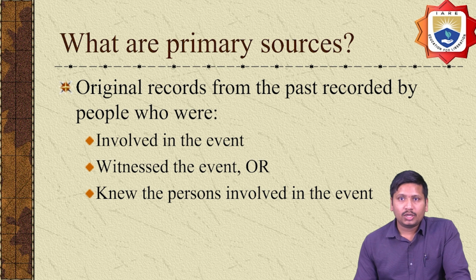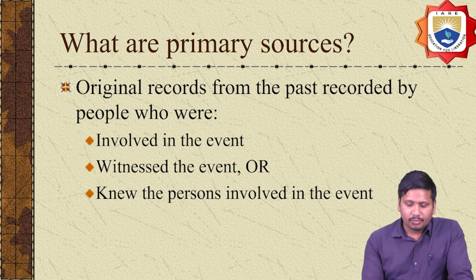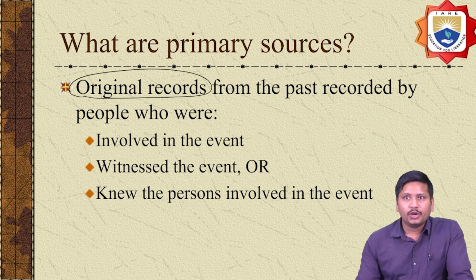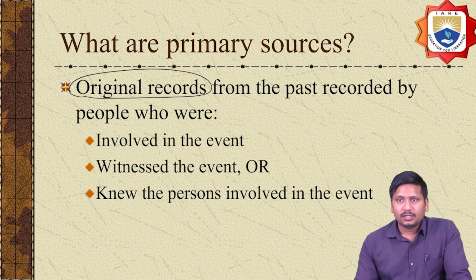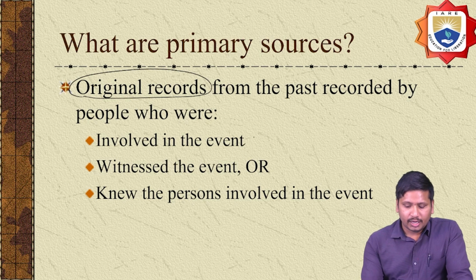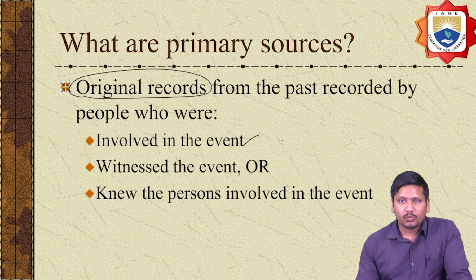In that, we have to know who the persons involved are and the witnesses of the event. So the primary sources are nothing but the original records, which should come from the past, recorded by the people, based on fields like who the persons involved were and the witnesses of the event.